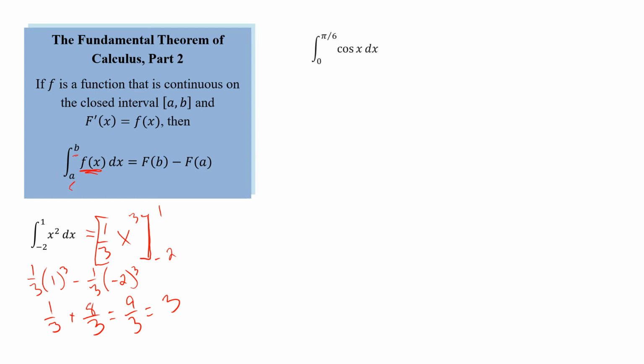But we could have things like the integral of cosine of x dx. We're going from 0 to pi over 6. What would give us a derivative of cosine? That would be sine of x. And we're going from 0 to pi over 6. Now, you might be thinking, and in fact, you actually should be thinking, wait a second, he forgot the plus c in that first one.